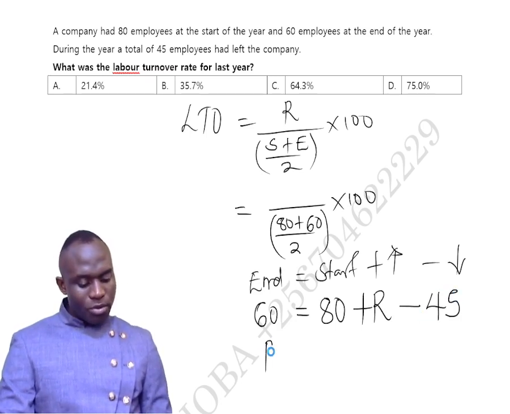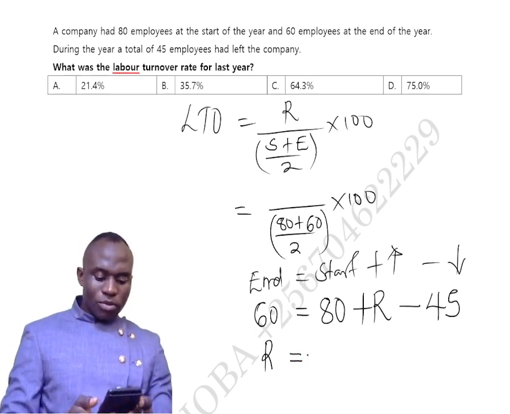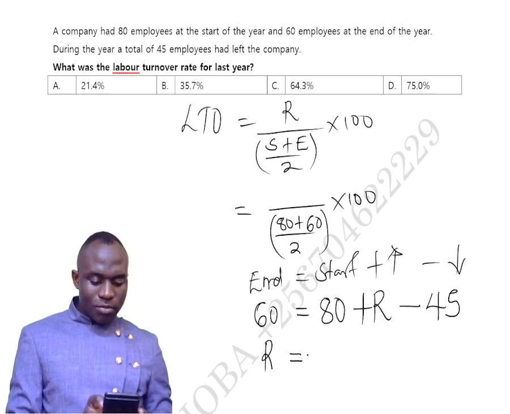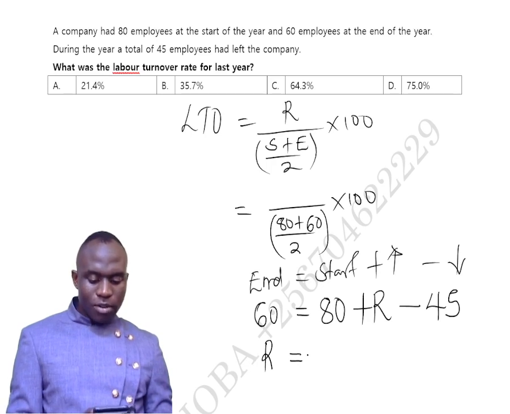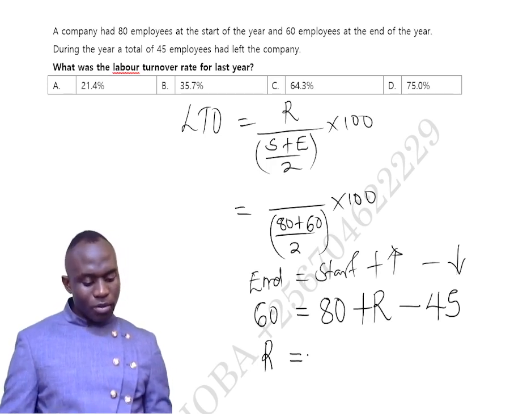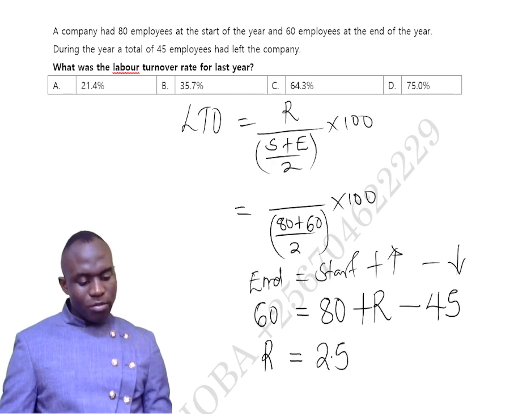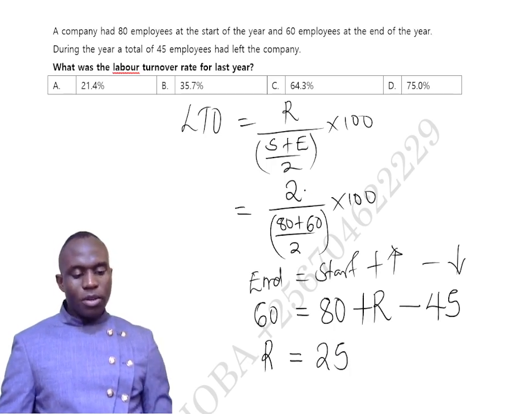If we work out replacements, which is R, use your calculator: 60 shift alpha equals 80 plus alpha x minus 45. You do shift solve, then you press equals. So replacements were 25. So here we put 25.